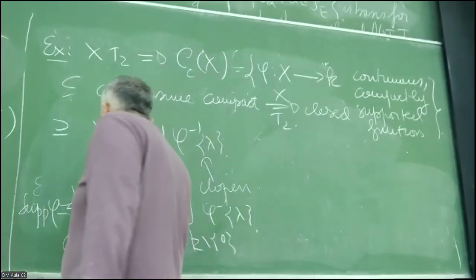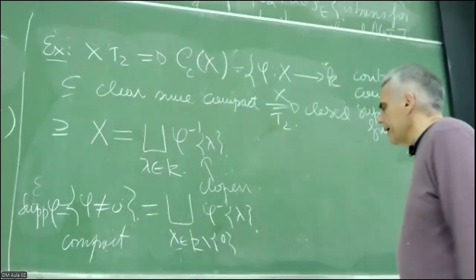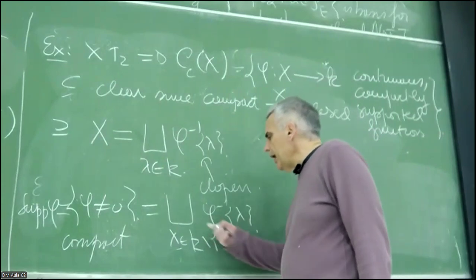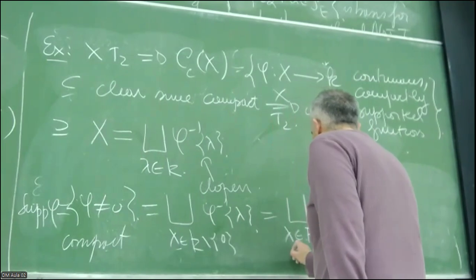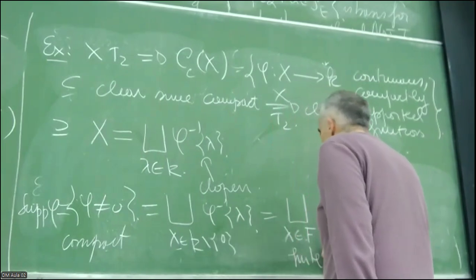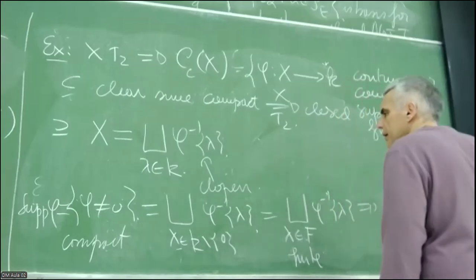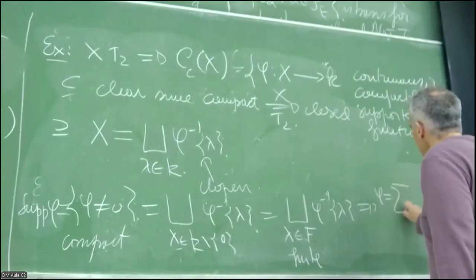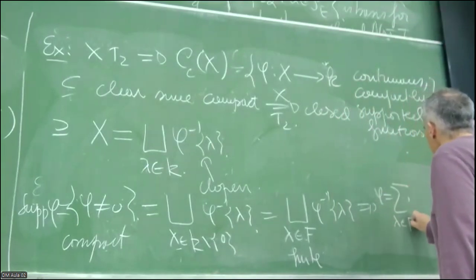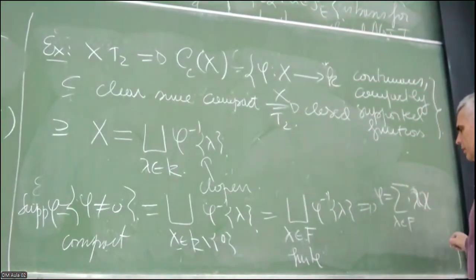And since this is supposed to be compact, since phi is continuous and compactly supported, this has to be the union for some lambda in F, finite, of phi minus 1 lambda, which means that phi is the linear combination for lambda in F of lambda times the characteristic function of this set phi minus 1 lambda.